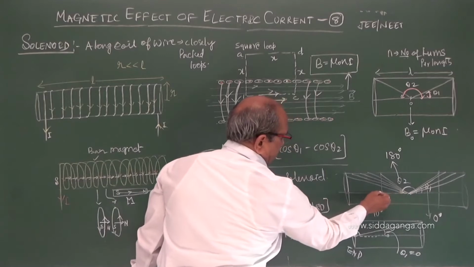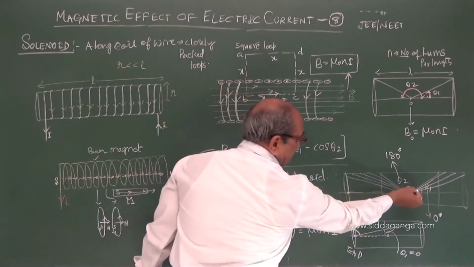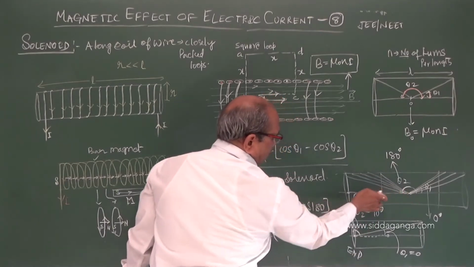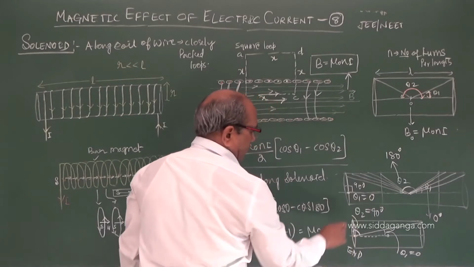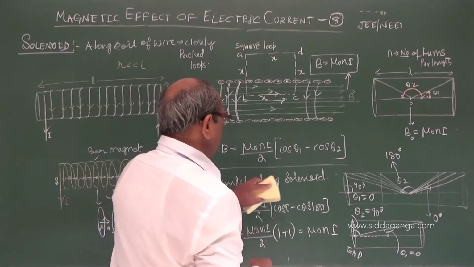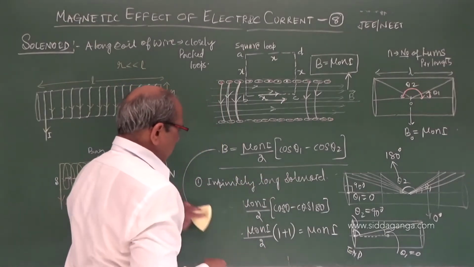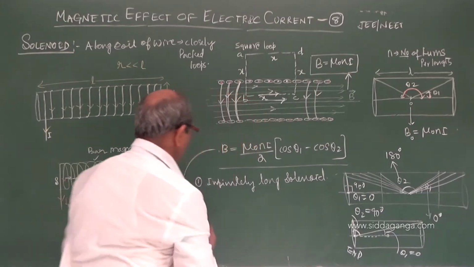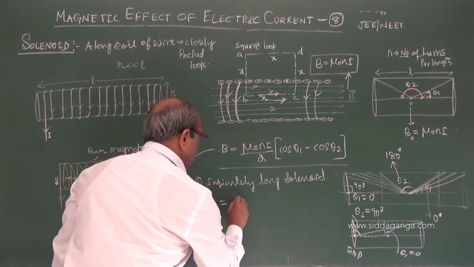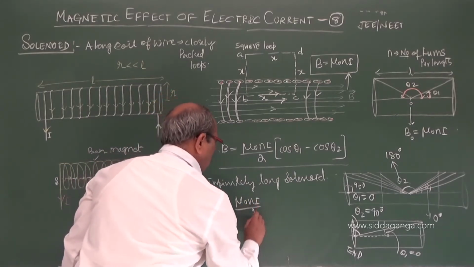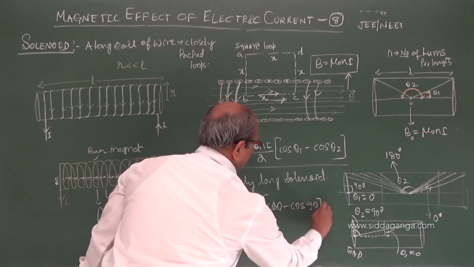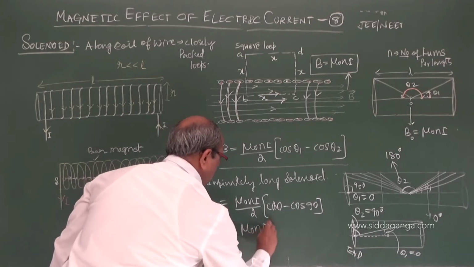If I shift to this point, theta 1 is here itself 0, but theta 2 becomes 90. In that case, if I consider the solenoid at one end, we get mu naught nI by 2 into cos 0 minus cos 90. Answer is mu naught nI by 2.